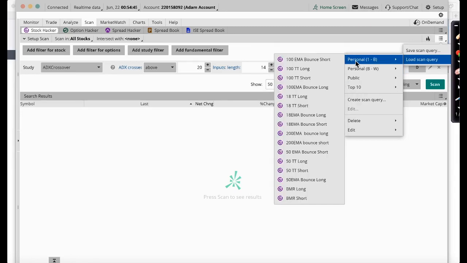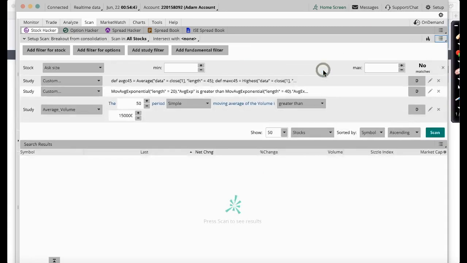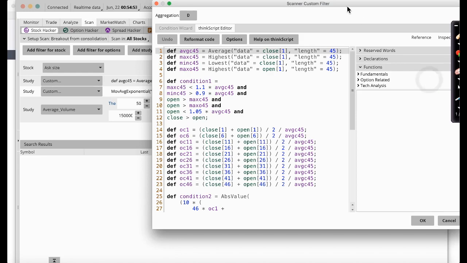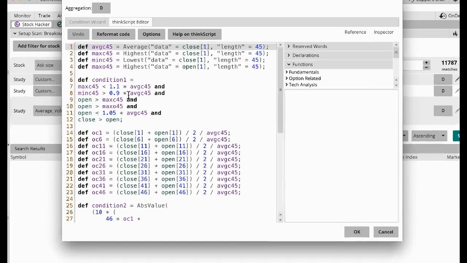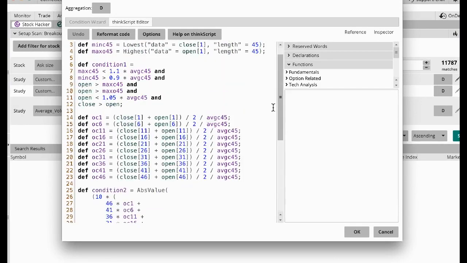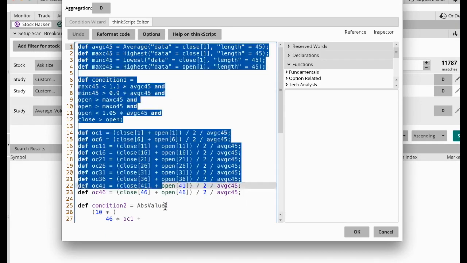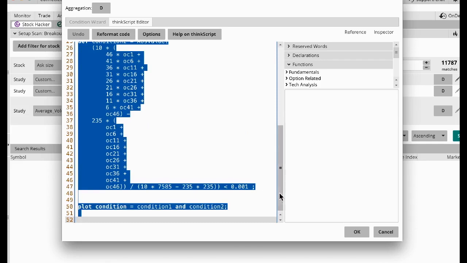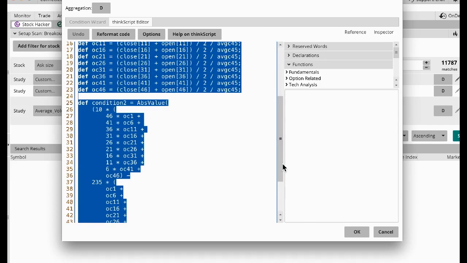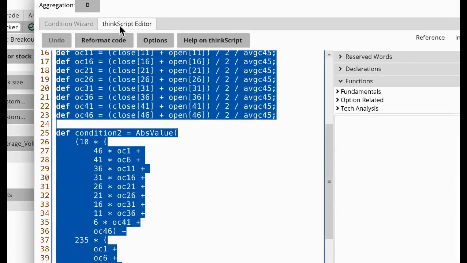I think that's the one. Yeah. Okay, yeah. So this is the script. There you go. All right, so you see this whole thing here? That's the script, all right? So copy and paste in the ThinkScript editor, okay?